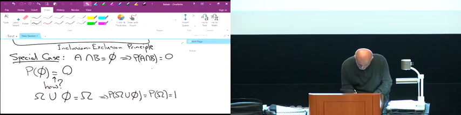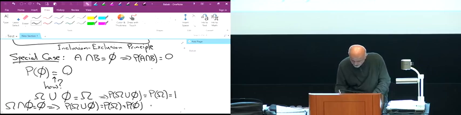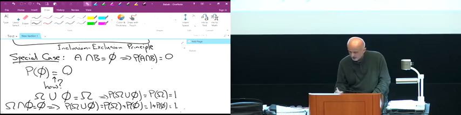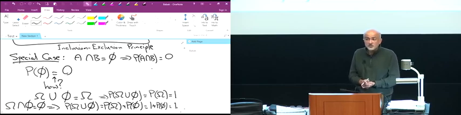Because their intersection is the empty set. Therefore, by the additivity property, this equals P of omega plus P of phi. And this is equal to what? P of omega, which is 1, plus P of phi. And on the right-hand side, I have 1. So what does that say about P of phi? 0. I don't need a new axiom.